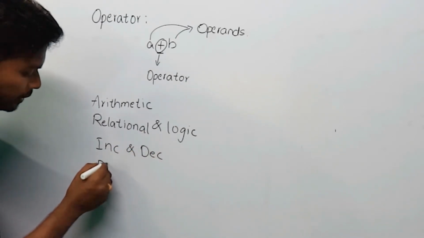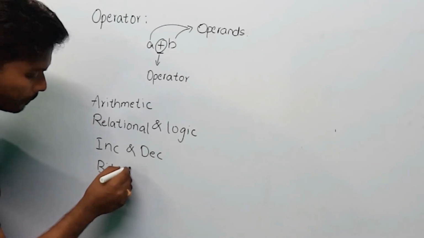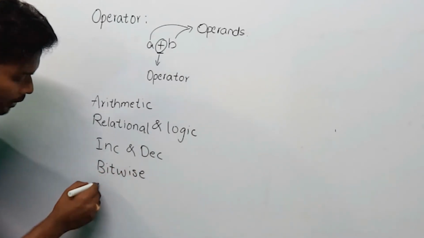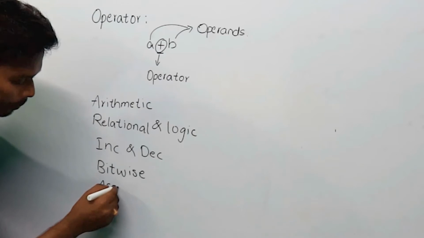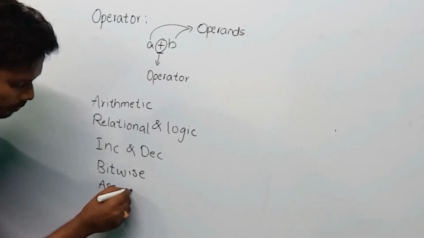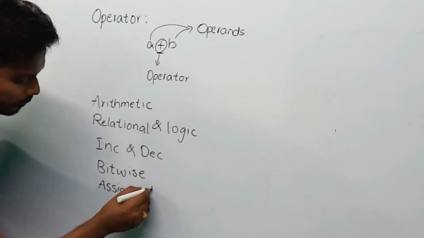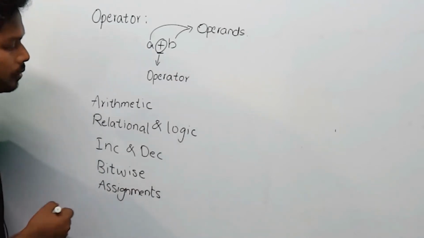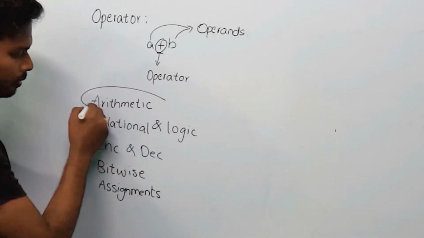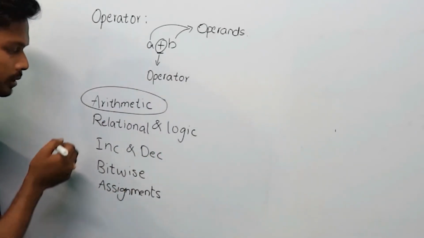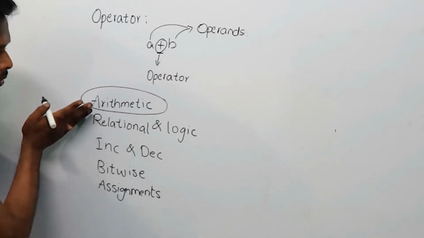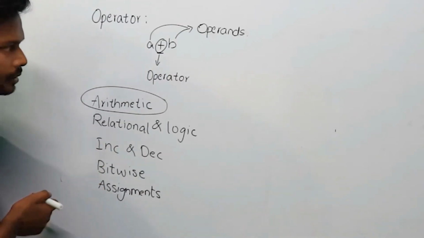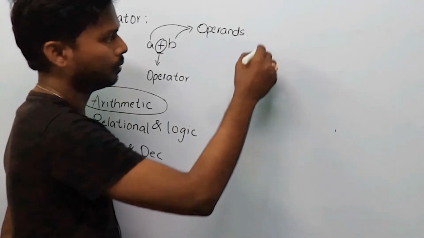We have bitwise operators and we have assignment operators. These are the types of operators we have. In this class, we shall see arithmetic operators. In the coming classes, we shall see the other operators.